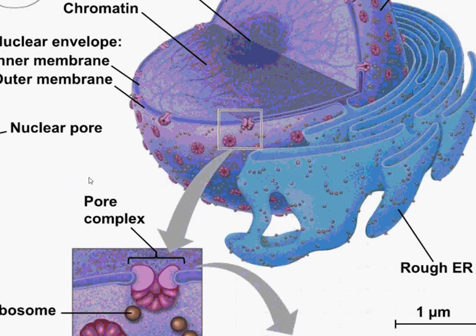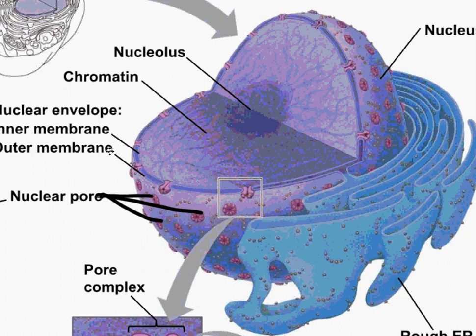These nuclear pores are there to allow the passage of materials in and out, materials like nutrients, and RNA, as RNA is leaving the nucleus after it's been made. Obviously, the nucleus contains the DNA.